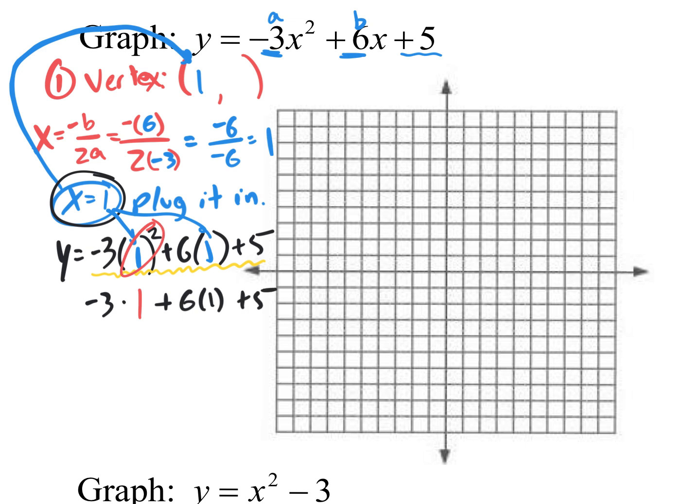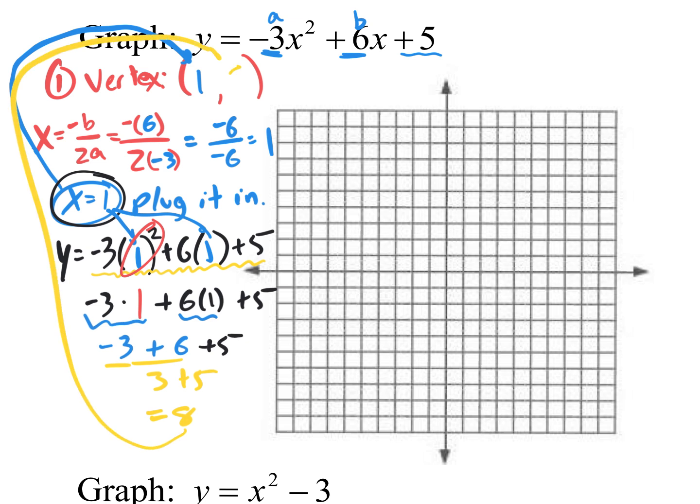Then after exponents, you move on to multiplication, which is right there and right here. So multiply next. Negative 3 times 1 is negative 3. 6 times 1 is 6. And you bring down the plus 5 at the very end, add or subtract. So if you go negative 3 plus 6, that's 3, and 3 plus 5, that is 8. That is the y value of your vertex.